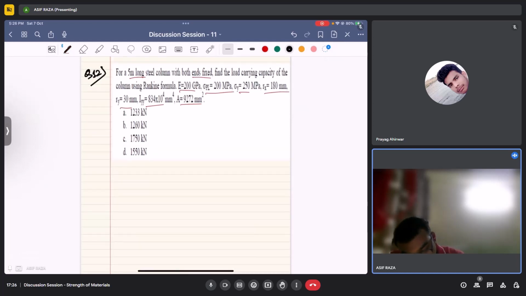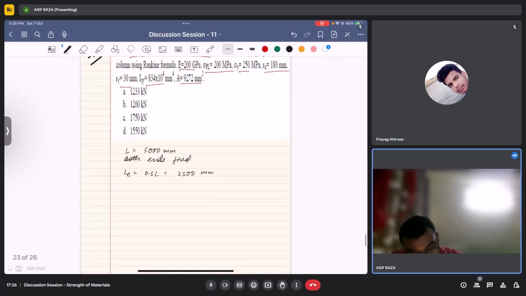So its length is 5000 mm, both ends fixed. Thus my effective length would be 0.5 L, and that would be 2500 mm. E is 200 into 10 power 3 megapascal. Sigma PL is 200 megapascal.